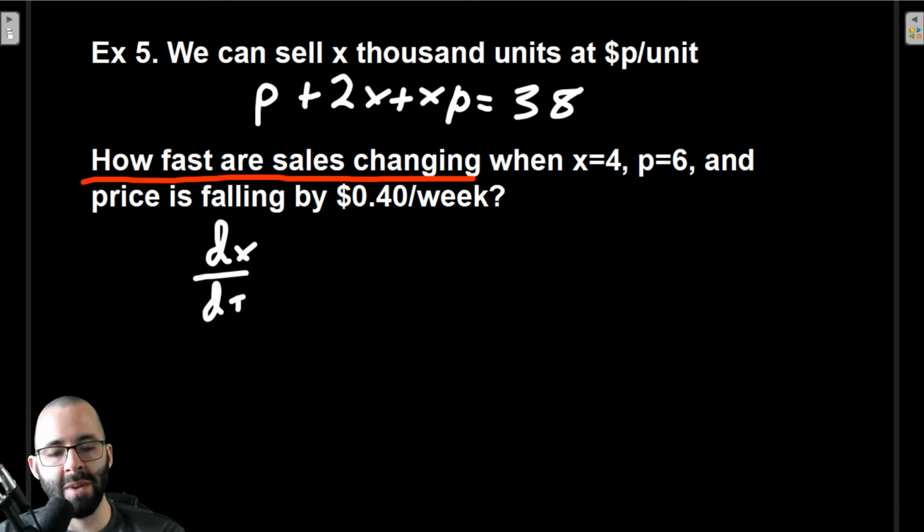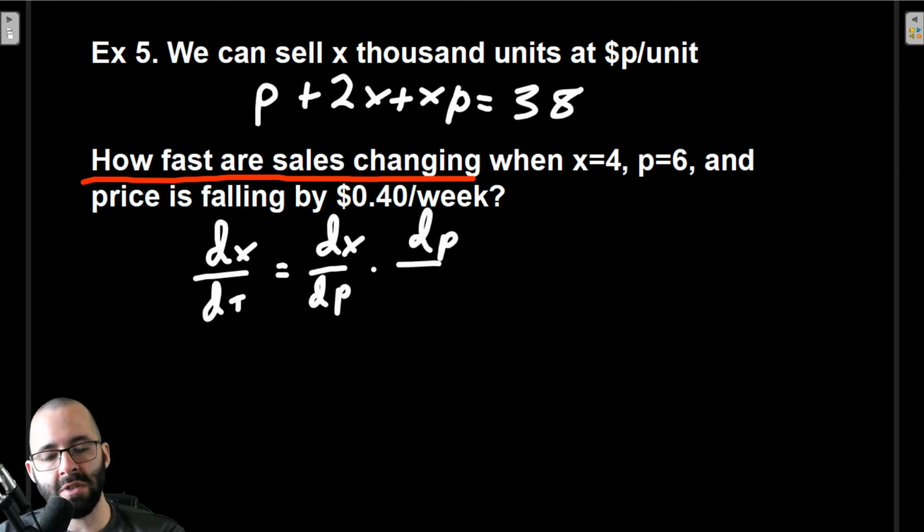And again, it's going to be the chain rule. Price is falling. We can find rate of change of X with respect to price. Multiply that by how is price changing over time. We know price is falling by 40 cents a week. We know X has a relationship with P.